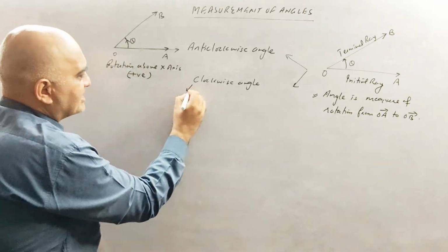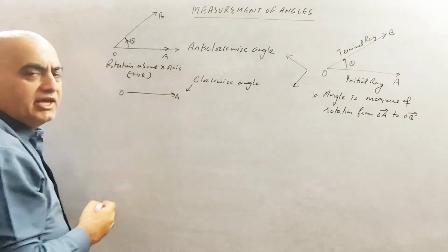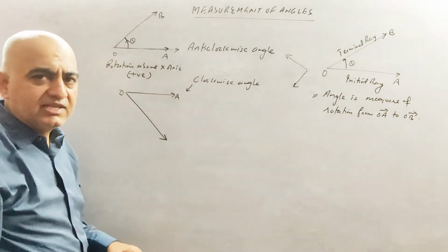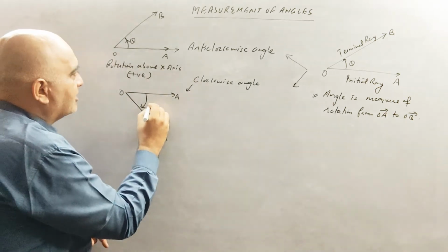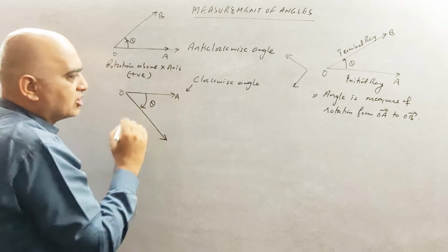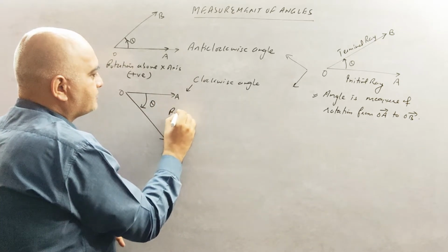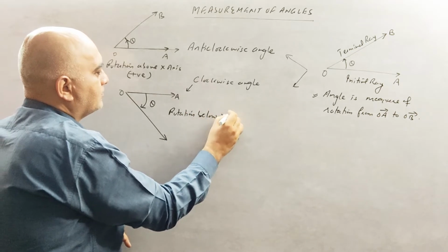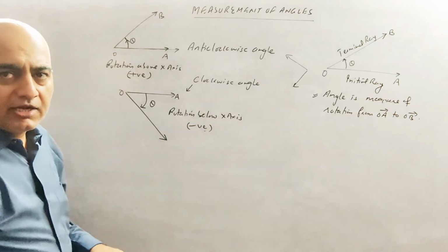And in the clockwise sense, this is our OA on the x-axis, and we go below the x-axis. Then this angle is given by a negative sign. It is also theta, but it denotes the rotation below the x-axis, and this is always negative.